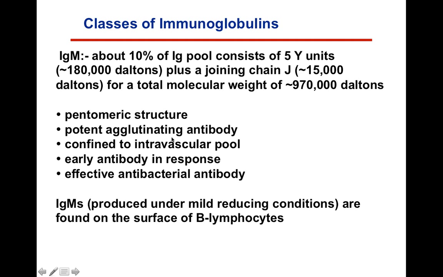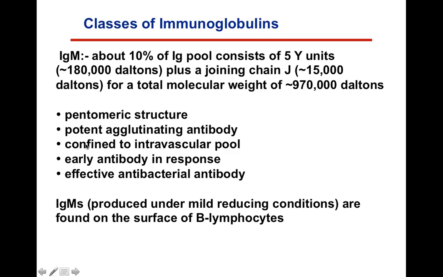It's a potent antibody. It's usually confined to just the blood pool. It's an early antibody response. It's very effective as an antibacterial antibody, and we're going to see why in a bit.